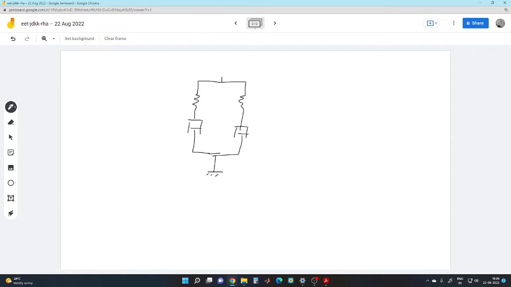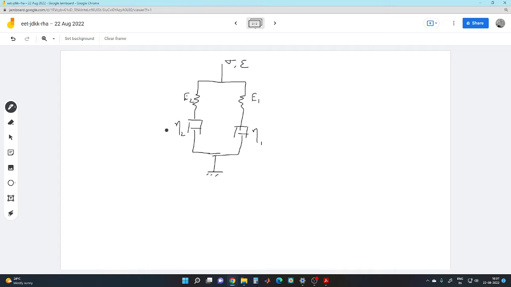This end is fixed and this end is applied by sigma stress and epsilon strain. So this is E1 and eta 1, this is E2 and eta 2.